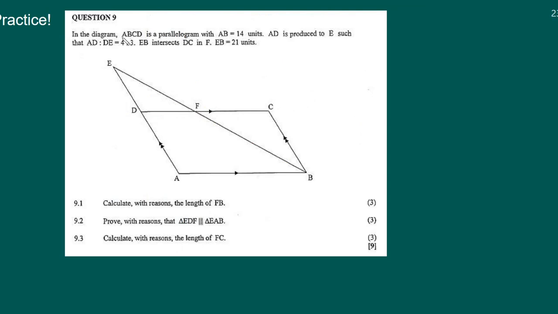Another one here says that ABCD is a parallelogram, right? So immediately remember the properties related to a parallelogram. The nice thing about this one is that we don't have diagonals. But remember, a parallelogram also brings up the angles.